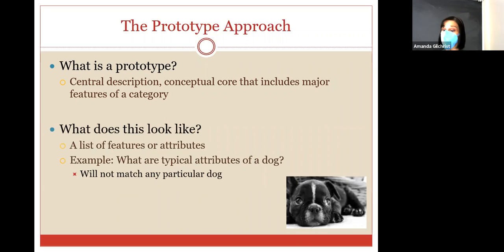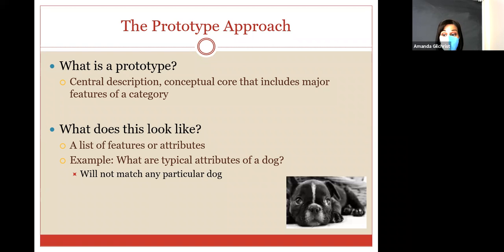So what a prototype ultimately looks like are a list of features or attributes. So the typical attributes of a dog will be that it has a nose, that it has ears, that it has 4 legs, that it has a tail, and that it has a certain body type.